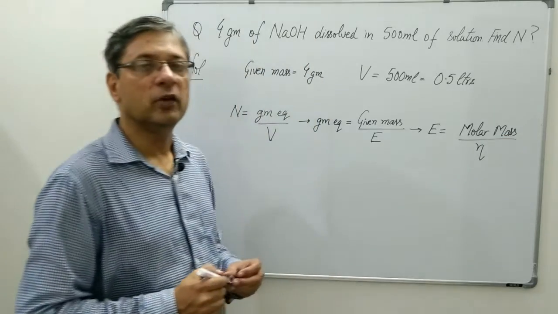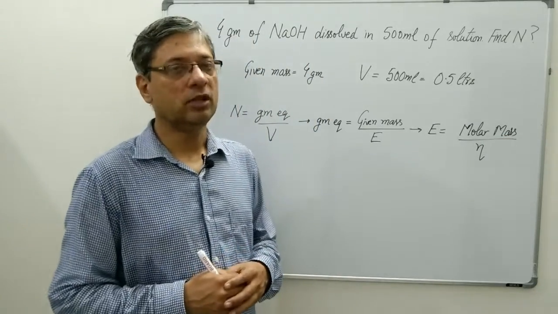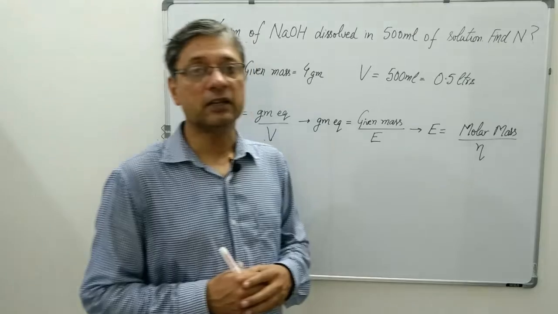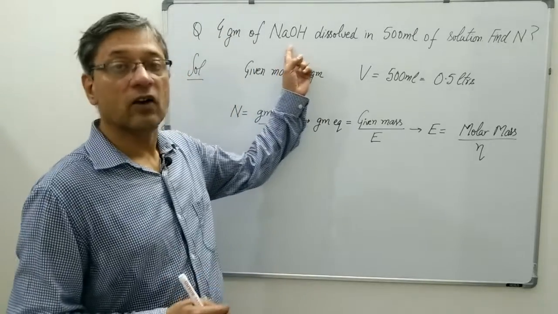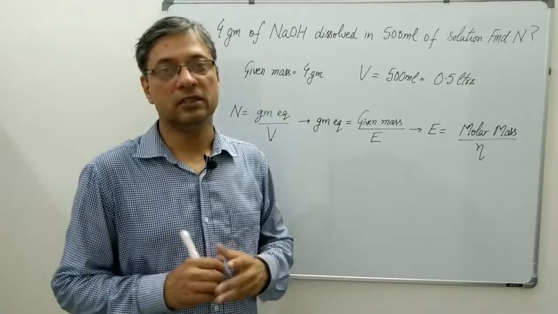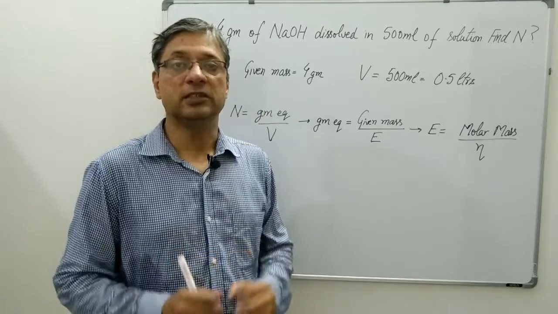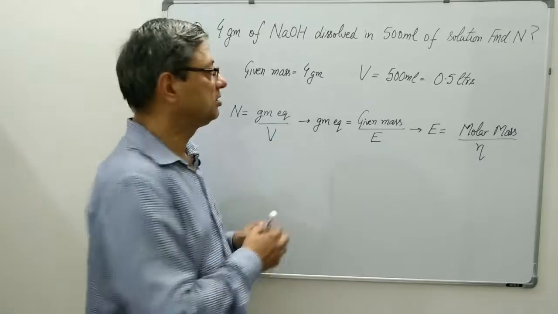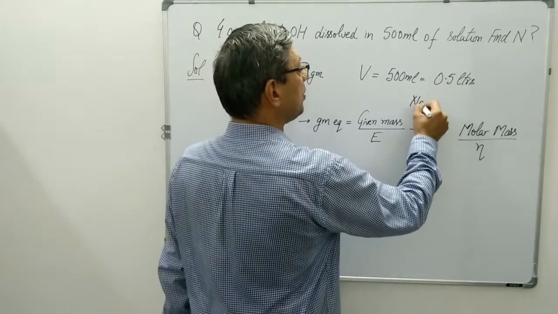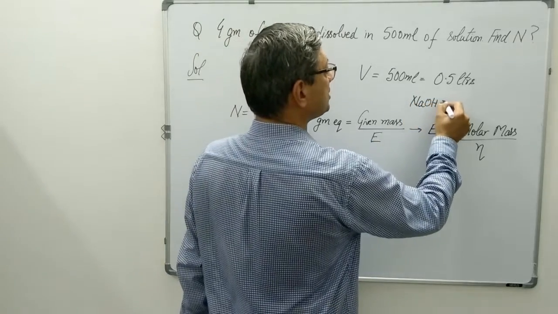Molar mass of NaOH is 40 grams per mole. We have to calculate the equivalence factor. Equivalence factor here will be the acidity of base, because NaOH is a base, and when NaOH is dissolved in water in aqueous solution, NaOH dissociates into Na positive ion plus OH negative ion.